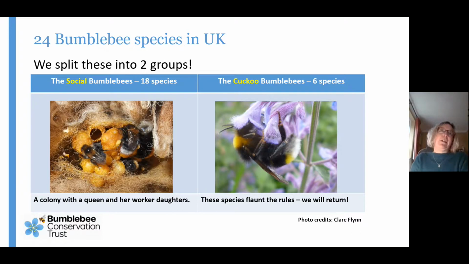And they're actually really, really impressive to see in the wild. The cuckoo bumblebee females particularly are big and stunning, and they are actually built for fighting and being quite fierce, so they're very large and beautiful insects, and very interesting to watch.